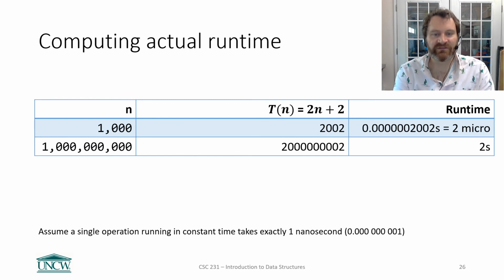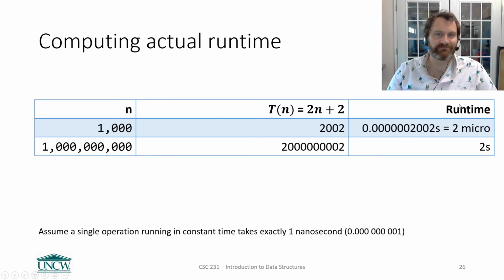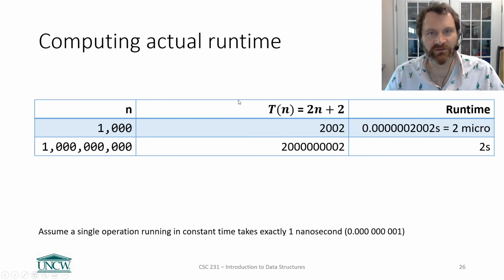If your algorithm is T of n equals 2n plus 2, and each operation takes 1 nanosecond, then giving this algorithm an input of 1,000, plug in n is 1,000, that's 2002. How much physical time will it take? About 2 microseconds. That's not something you can even recognize as a human being.